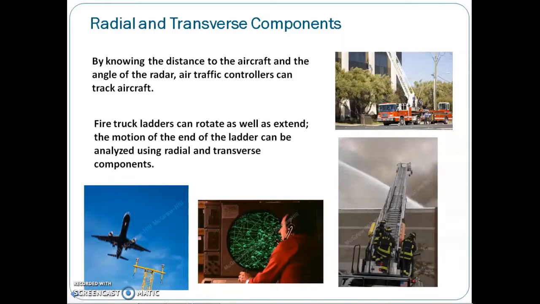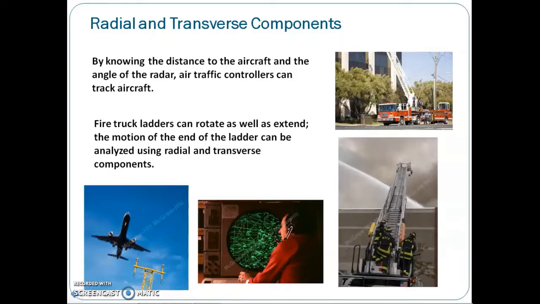When the radius r and the angle theta are known functions of time t, meaning when the radius changes with time or the angle changes with time, the position of the particle or the velocity and the acceleration of the particle can be represented in polar coordinates or decomposed in terms of radial and transverse components. So these are some of the examples. For instance, by knowing the distance to the aircraft and the angle of the radar, an air traffic controller can track the aircraft.